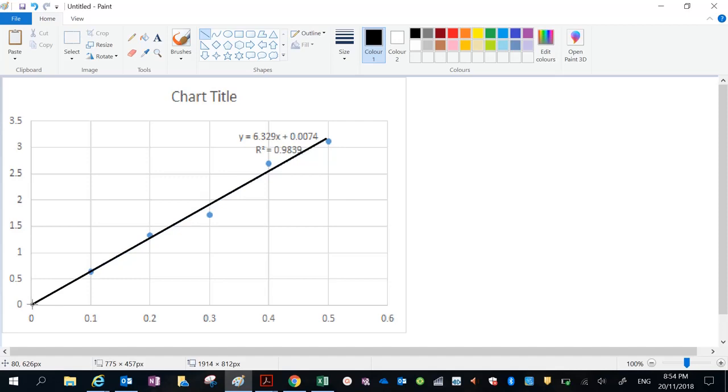Not really, is it? It's cutting across just above, so those results are pretty good. I don't have much to say at the moment. Probably need to comment about this one and that one, why they're a bit off the line and think back to your experiment, what you did, what might have caused that problem. Okay, so that one's finished.